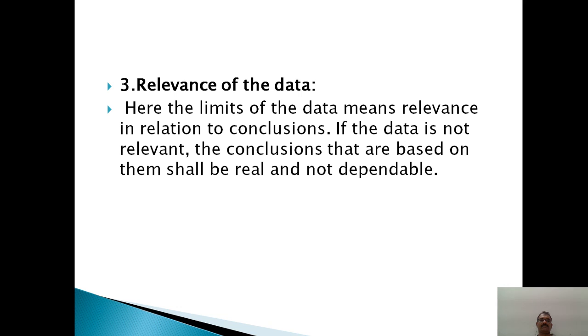Relevance of the data: relevance in relation to conclusions. If the data is not relevant, the conclusions that are based on the data shall be not real and not dependable.